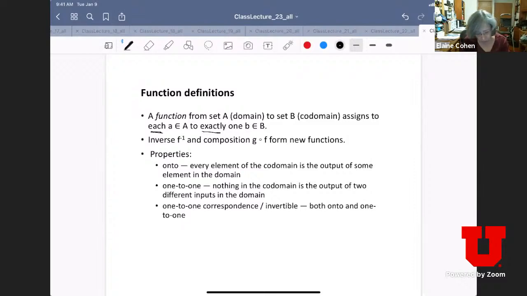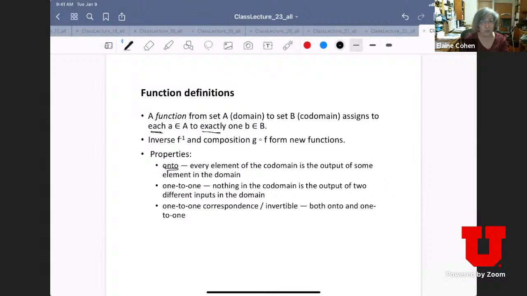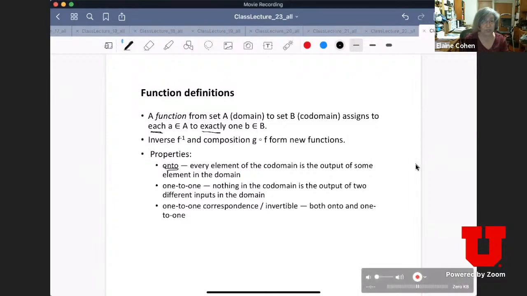That's for you. So some of the properties that are important is, remember, onto: every element of the codomain is the output of at least one element of the domain. One-to-one says nothing in the codomain is the output of two different inputs in the domain.